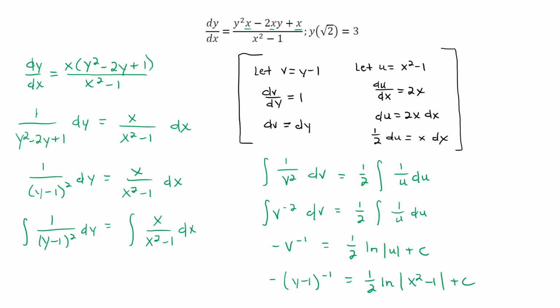So let's continue. I'm just going to rewrite what I had on the other screen so I can continue. 1 over y minus 1 equals 1/2 natural log x squared minus 1 plus c.